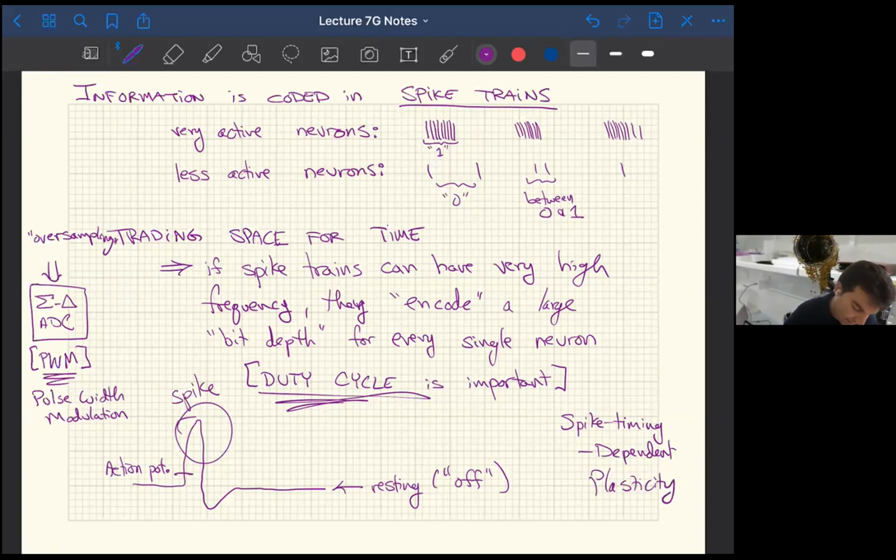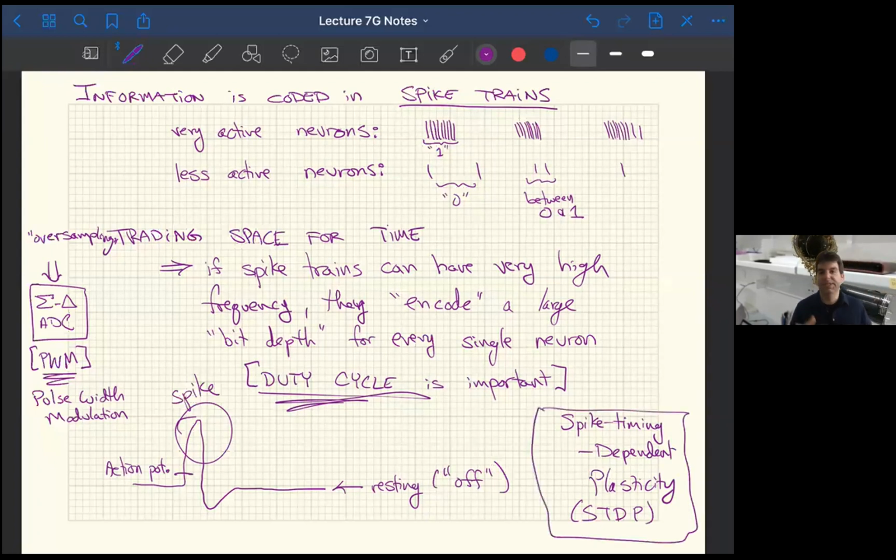STDP is that the sensitivity of one neuron to another can be updated according to those spike time dependent plasticity rules that I was mentioning before, where if it sees a spike just before it spikes, then its sensitivity to that previous generator of the spike will go up.